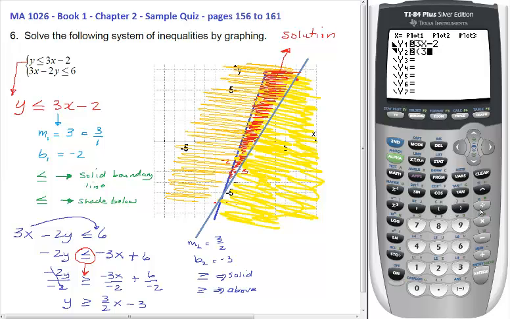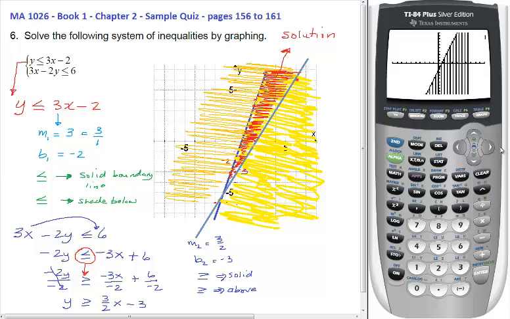I like putting fractions in brackets in front of coefficients, though you could use your fraction button. x subtract 3. And I hit graph. So there's the first one again, and now here comes the second one, shading above. Now where are your two overlapping areas? See it? It's right there, isn't it? So it looks like we did that correctly.